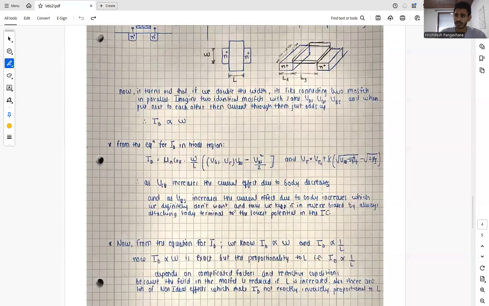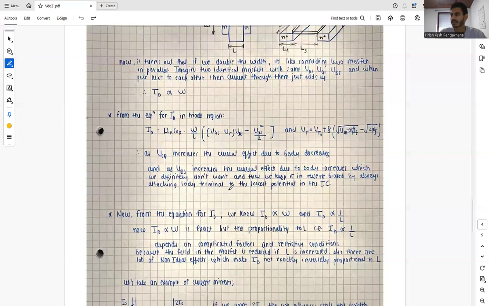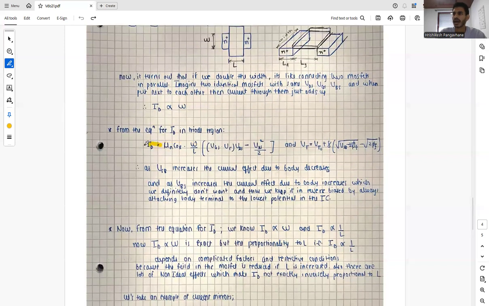And now from the equation of ID, we know that ID is directly proportional to the width, and inversely proportional to the length. So we can say that ID is directly proportional to width, which is somewhat accurate.